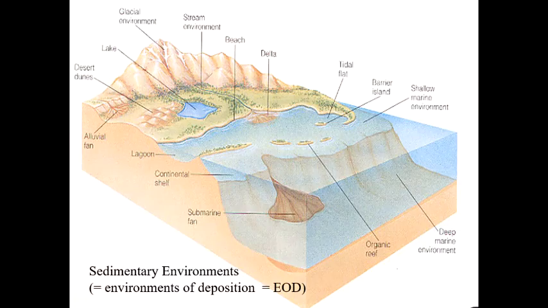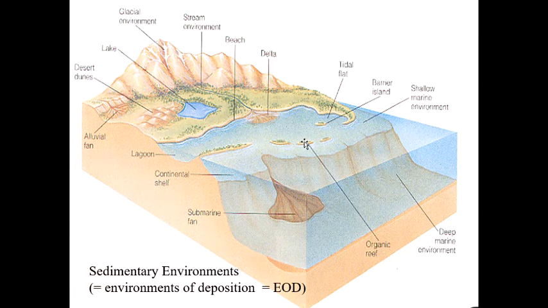If we look at the environment diagram, these biochemical or just chemical sedimentary rocks can occur all over the place as well, but they are principally found or made in the oceans. Remember all the different addresses here, and here we've got the organic reef out here.